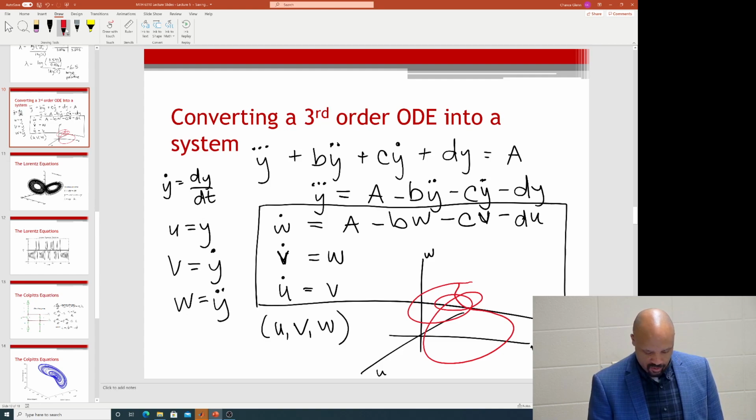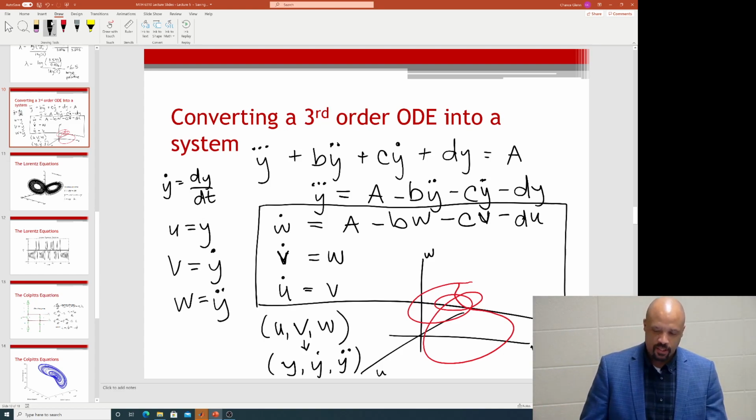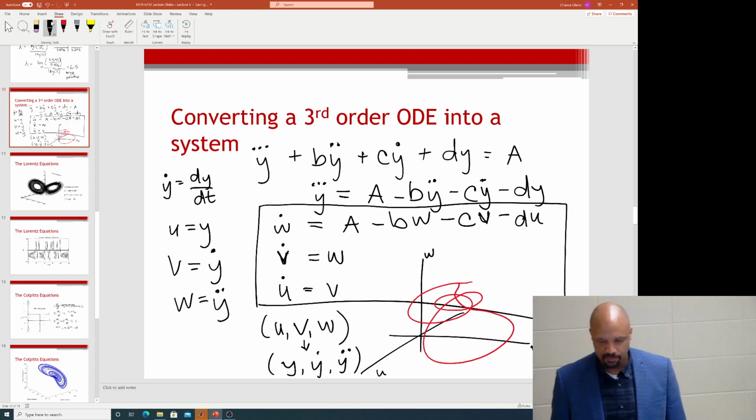This is basically like y, y dot, and y double dot. And it tells you everything that you need to know about the system.